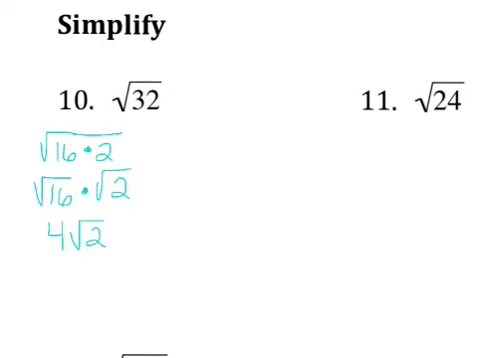If you picked two different numbers besides 16 and 2, that's okay because it will still equal the same answer in the end. So let's say instead of 16 and 2, you picked 8 times 4. Using the product property, we can break that up as the square root of 8 times the square root of 4.